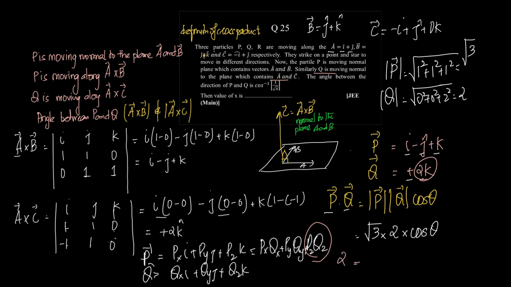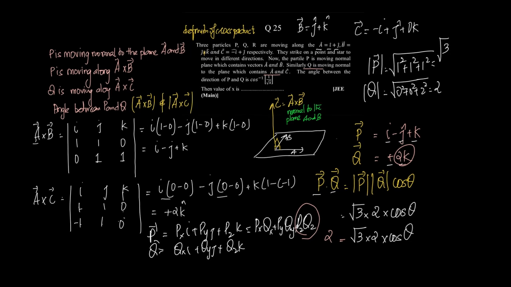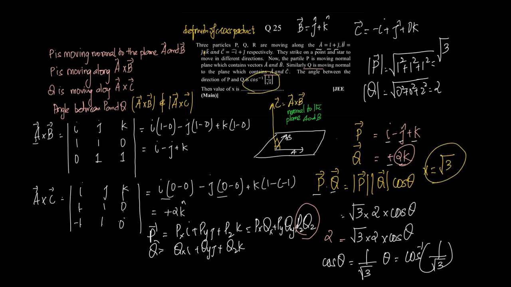So what we get here is p dot q is 2 is equal to root 3 into 2 into cos theta. So 2 by 2 is 1. So basically what we get is cos theta is equal to 1 by root 3, and therefore theta is equal to cos inverse 1 by root 3. Therefore the value of x is equal to root 3 when you compare with cos inverse 1 by root x.